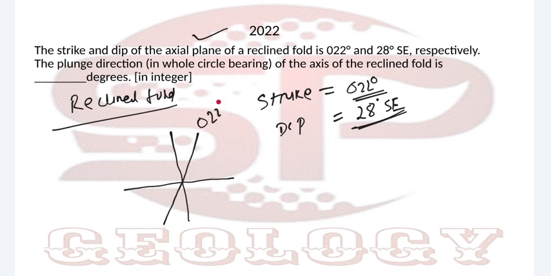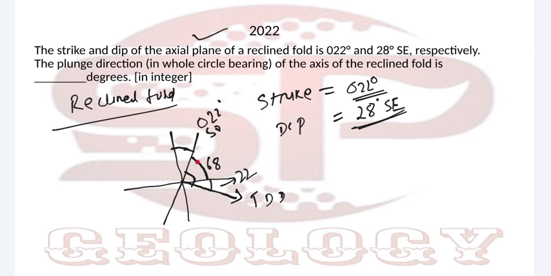Perpendicular to it will be the dip direction. It is the strike direction, 22 degrees. This one will be 90 minus 22, this will be 68. Again, this is 90 degrees, so this will be 22.